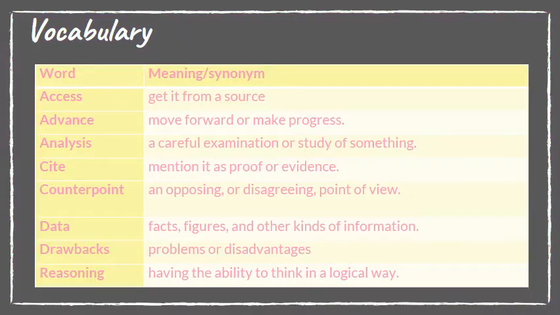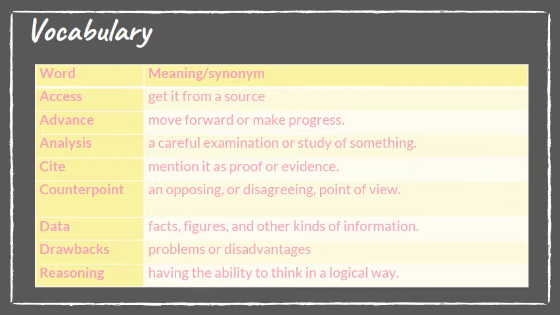So now let's have a look at the words with their definitions. Access, get it from a source. When we say access, we mean to get something from a source. Advance, move forward or make progress. Analysis, a careful examination or study of something, to study something carefully.